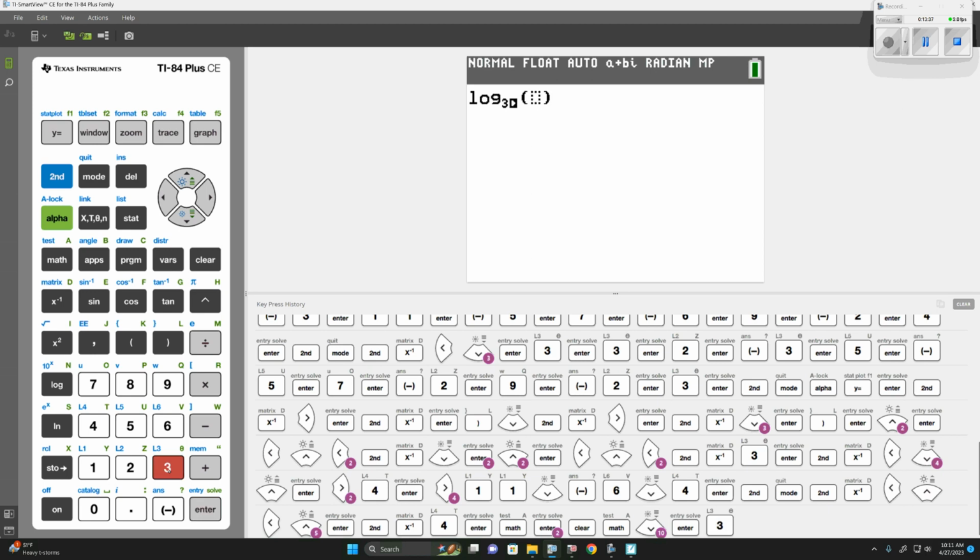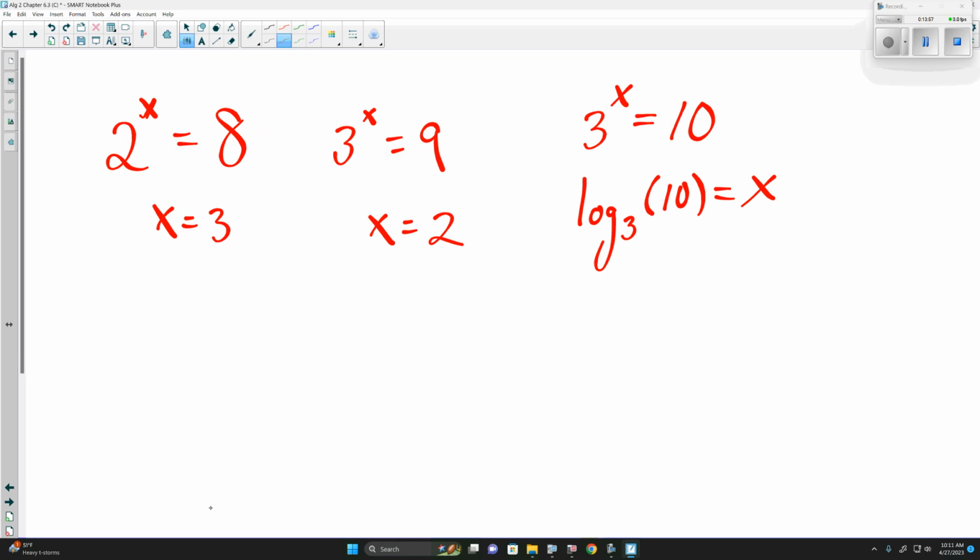So we could say log base 3 of 10, and we see 2.0959 going on is the value of x that would make 3 to it be 10. So there are ways that we can do this, and that's why logarithms are nice. Any questions on this here? So we kind of see why this works and is helpful.